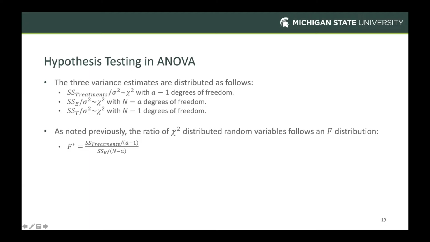And so within our context, our F test is simply going to be equal to the sum of the squares for our treatment divided by A minus 1, which is its associated degrees of freedom, over the sum of squares for our error divided by its associated degrees of freedom, okay? And so the numerator and the denominator here, what they're basically representing is the average amount of variability that's occurring across our treatments or between our treatments on the top versus the variability that's occurring within our treatments on the bottom, okay?